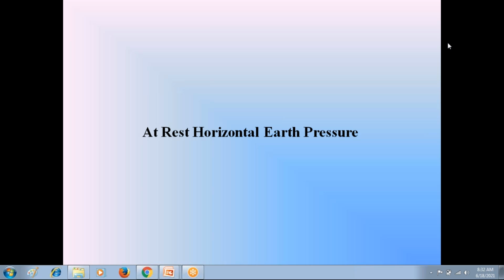So in this soil element along the x-axis, the strain is equal to sigma h by E minus mu into sigma v by E minus mu into sigma h by E.